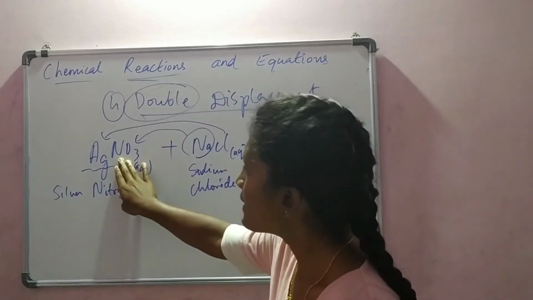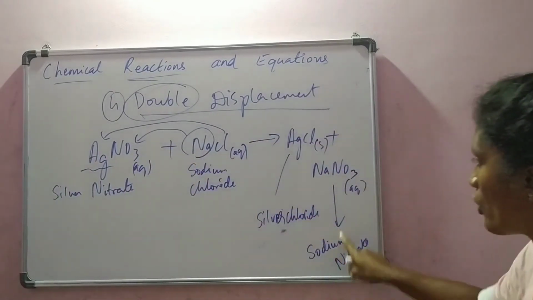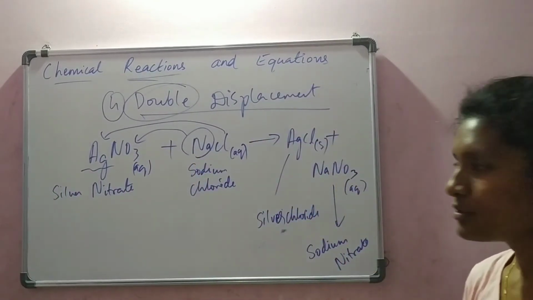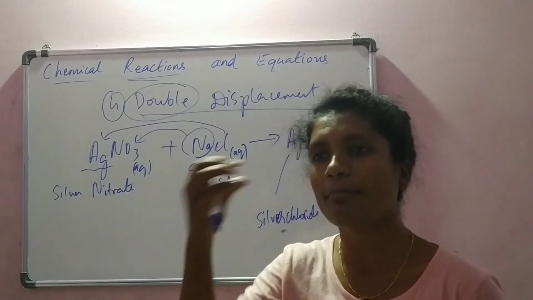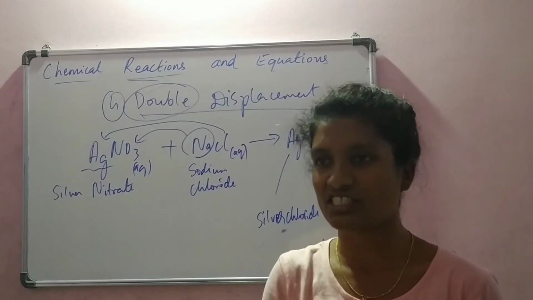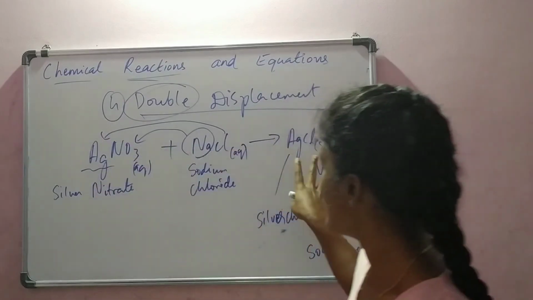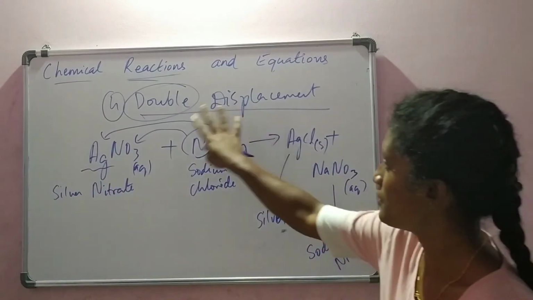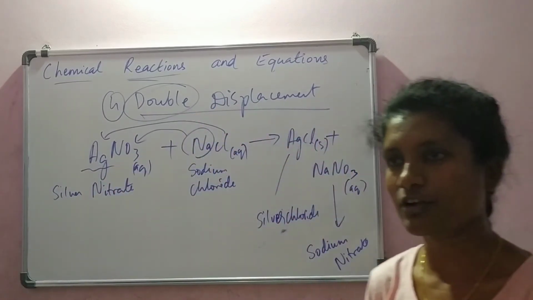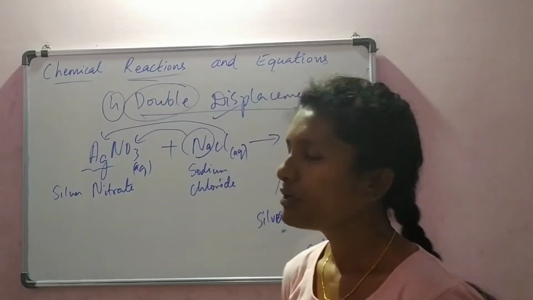The nitrate ion combined with sodium to form sodium nitrate. So which is double displacement, right? Two elements combined with two other elements. It is mutual exchange. Totally displaced, right? The compound became a different compound here. Here this compound also became a different compound. So this is an example of double displacement.